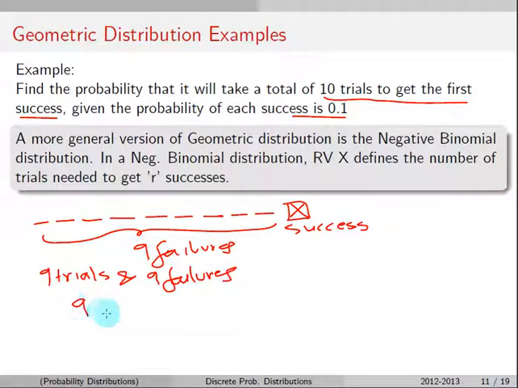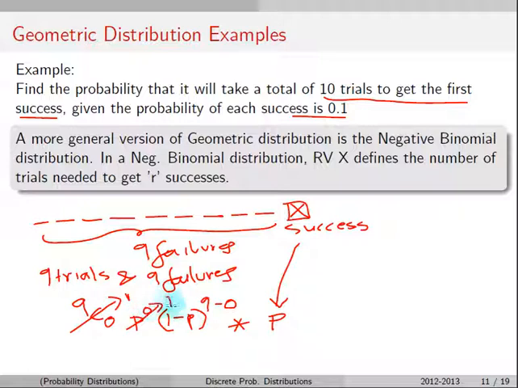Can I simply write that as 9C0 p raised to 0, (1 minus p) raised to 9 minus 0, multiplied by the probability of one lone success, which is p. So 9C0 is 1, anything raised to 0 is 1. So this boils down to p multiplied by (1 minus p) raised to 9 minus 0.